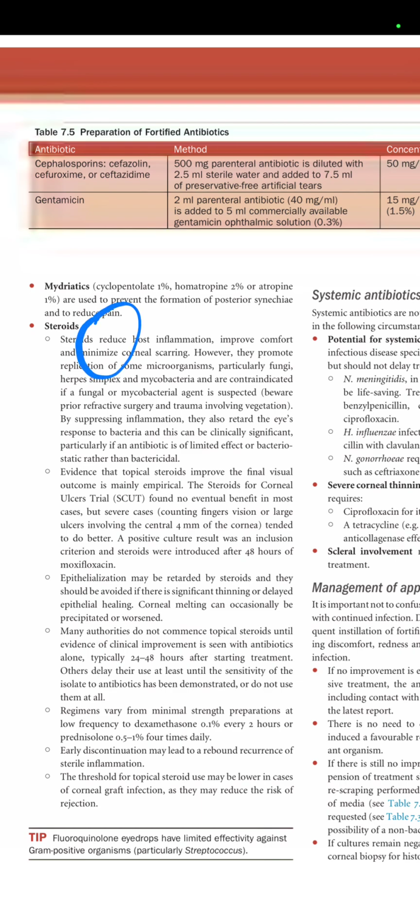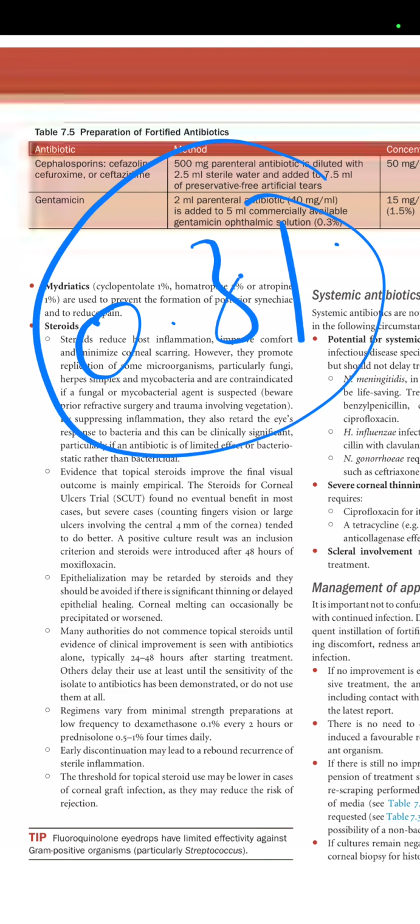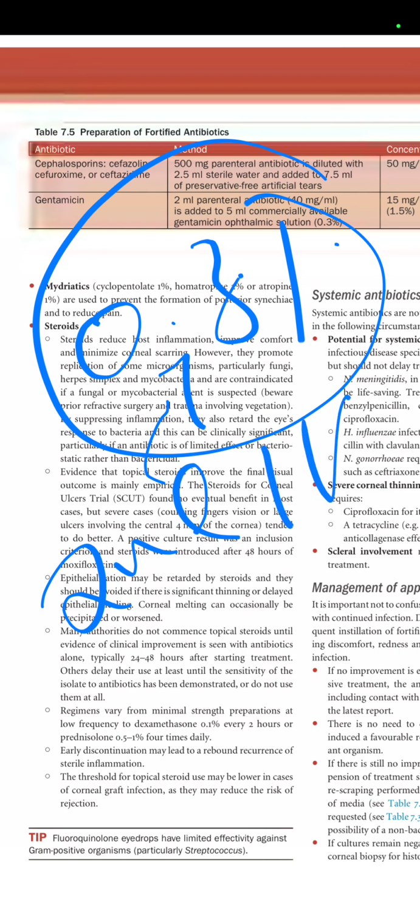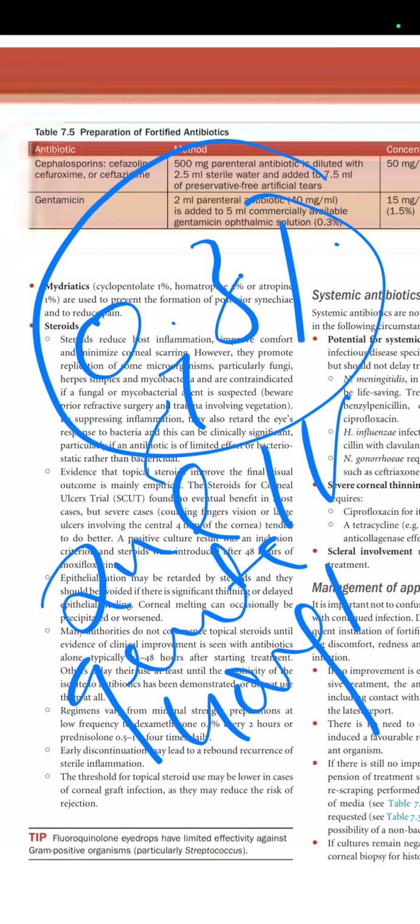So we have a gentamicin ophthalmic solution of 0.3% already available, and we add 2 ml of parenteral IV gentamicin antibiotic, which is usually 40 mg per ml. So that is how we make the gentamicin antibiotic.